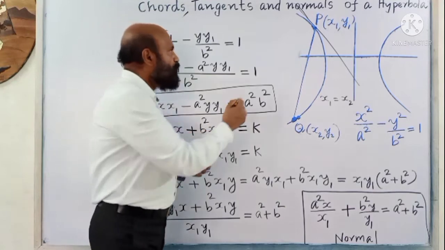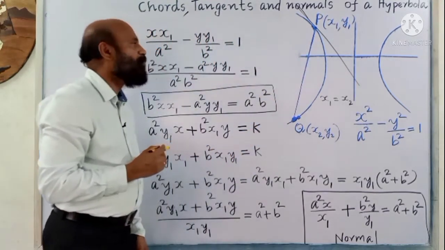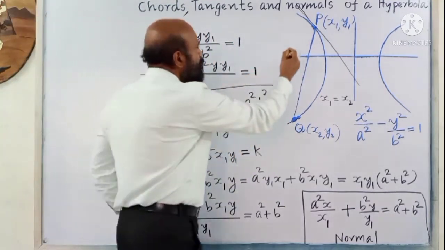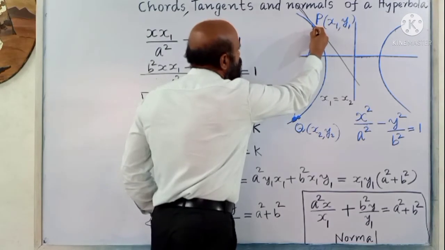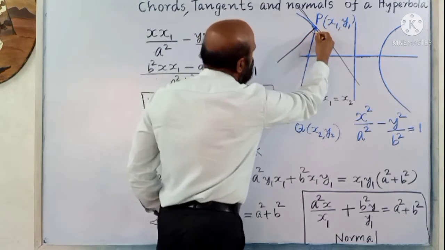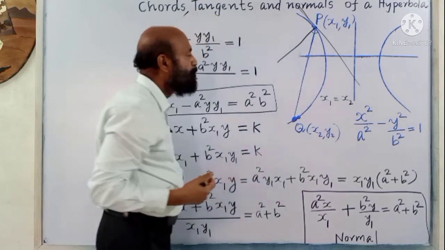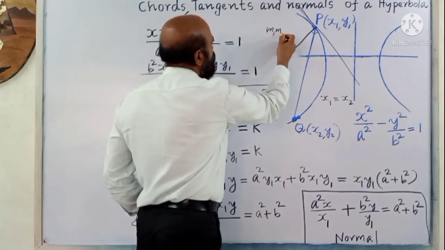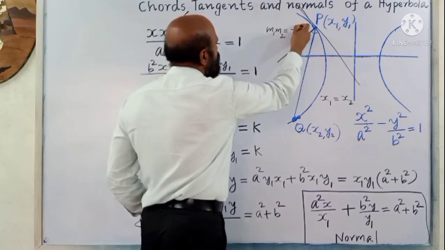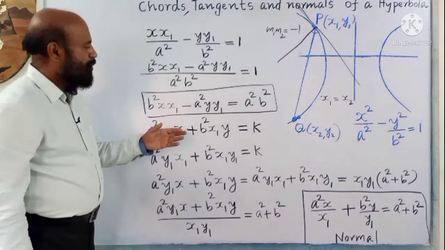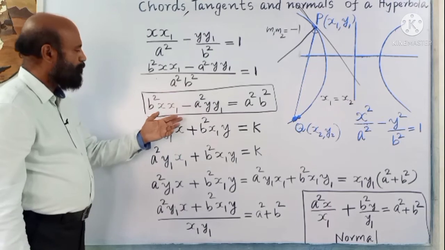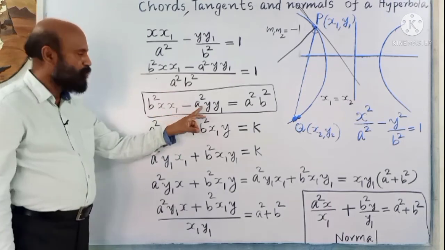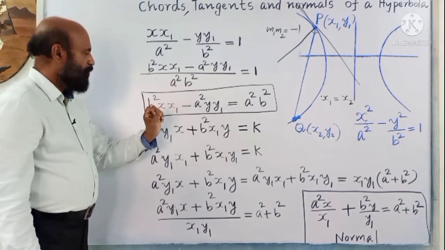Then for getting the equation of the normal, we can use the perpendicularity condition. So if this is the normal at this point, this is 90 degrees. If two lines are perpendicular, the product of their slopes should be minus 1. So for getting the equation of the normal, we have to interchange the coefficients of x and y and change the sign.